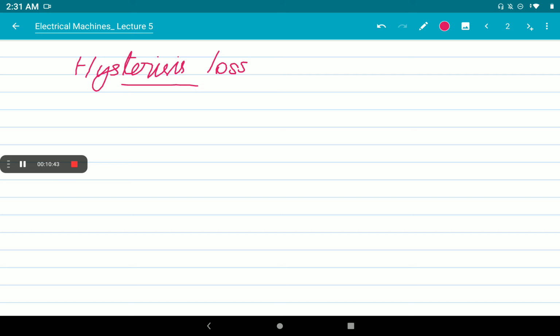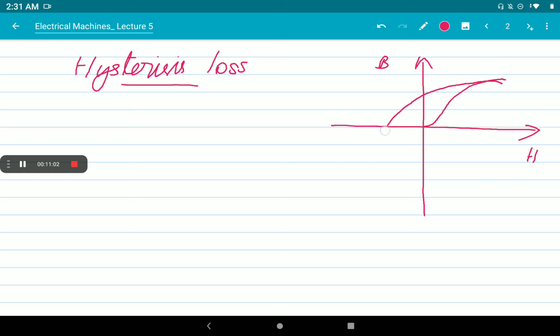We studied the magnetization characteristics in a BH loop. We know that when we try to magnetize a material, it will not pass through the same path. When we magnetize, it will retain the magnetic property in it.